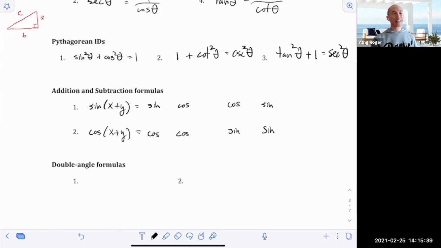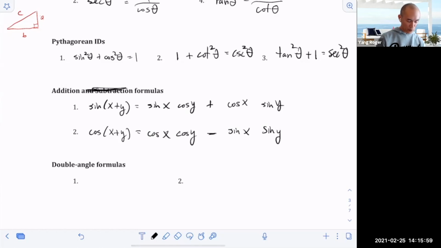Now you still got to fill in the angles, so you still got to put in the x and the y, and the x and the y. And the sine has a plus in between and the cosine has a minus in between. So these are the addition and subtraction formulas for trig.